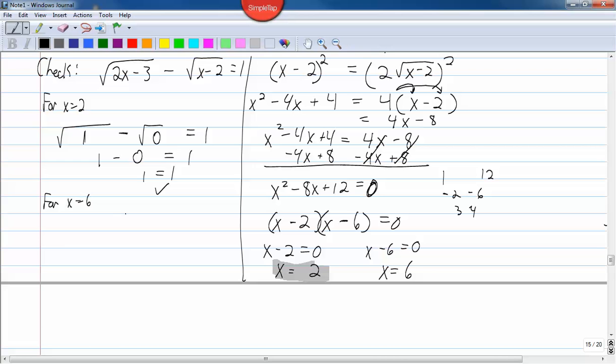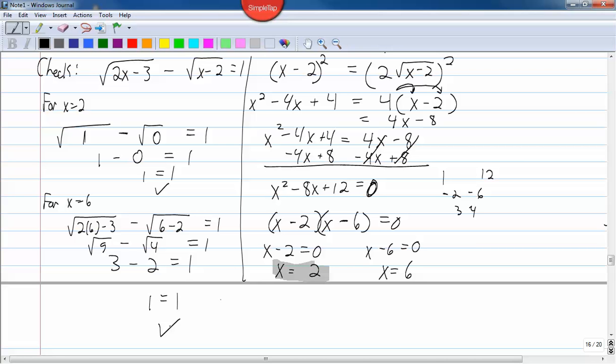For x equals 6, the square root of 2 times 6 minus 3 minus the square root of 6 minus 2 equals 1. That's the square root of 9 minus the square root of 4 equals 1. 3 minus 2 equals 1. 1 equals 1.